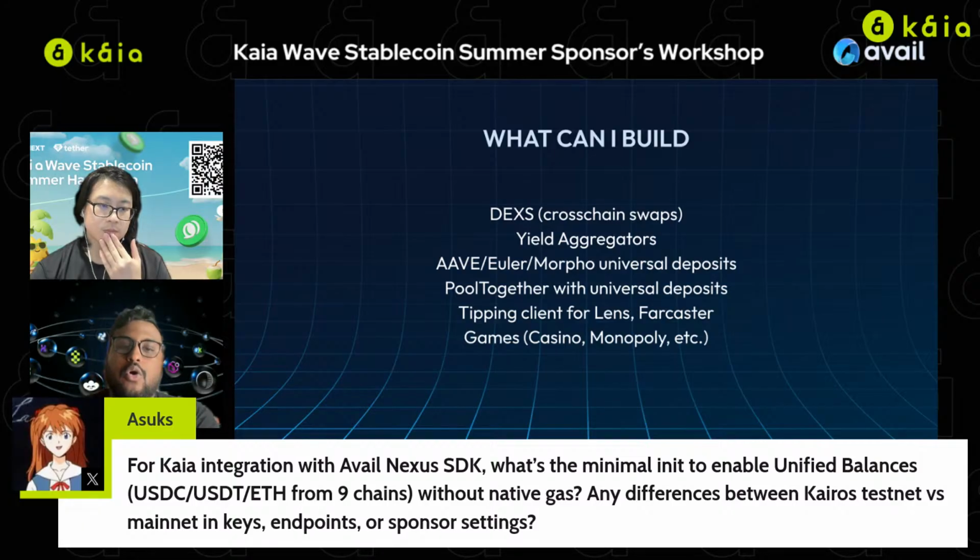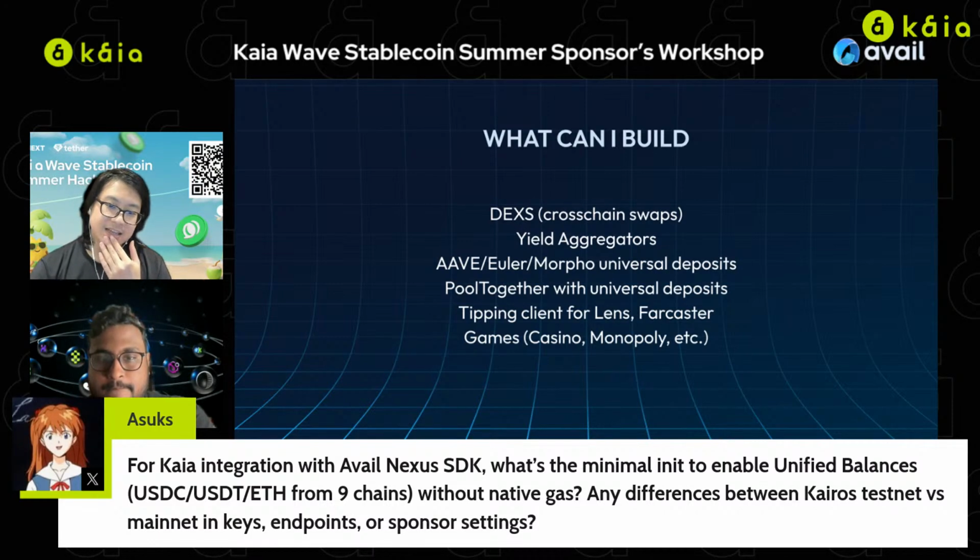So if you want to use Kaia, USDT is the way to go. For most chains, and I do believe even for Kaia, we do sponsor the gas. So the user does not need to have gas tokens to transact on top. Yeah, so that should be it.